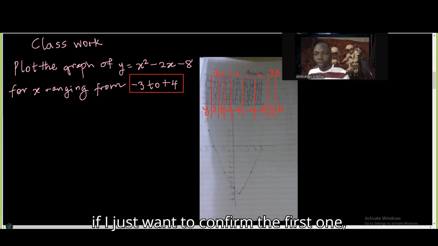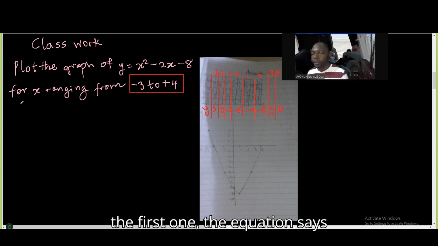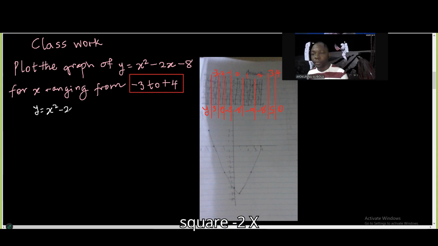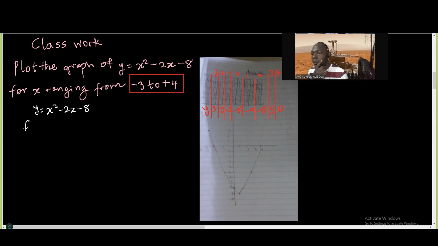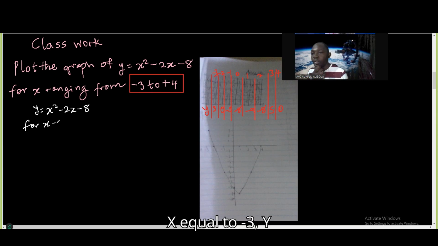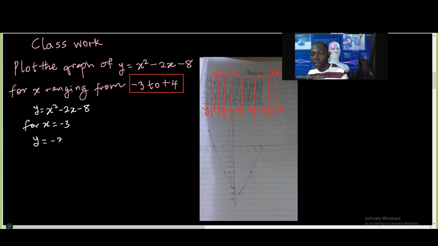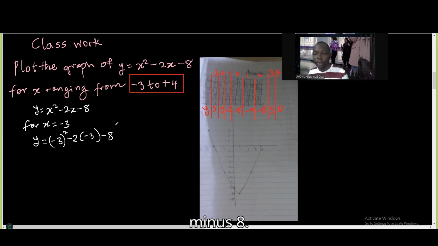If I just want to confirm the first one, the equation says what? Y equals x squared minus 2x minus 8. So for x equal to negative 3, y will be equal to negative 3 squared minus 2 into negative 3 minus 8.